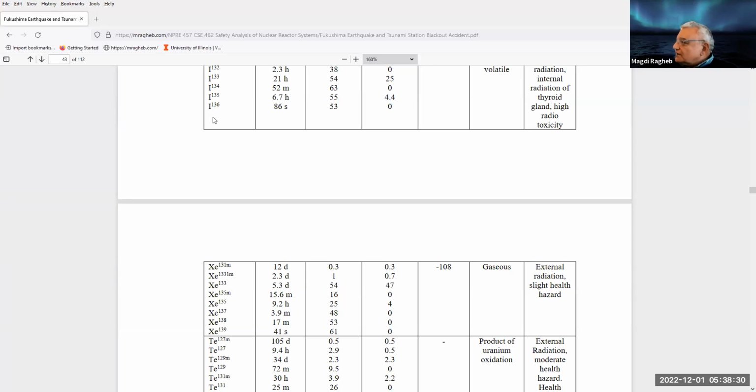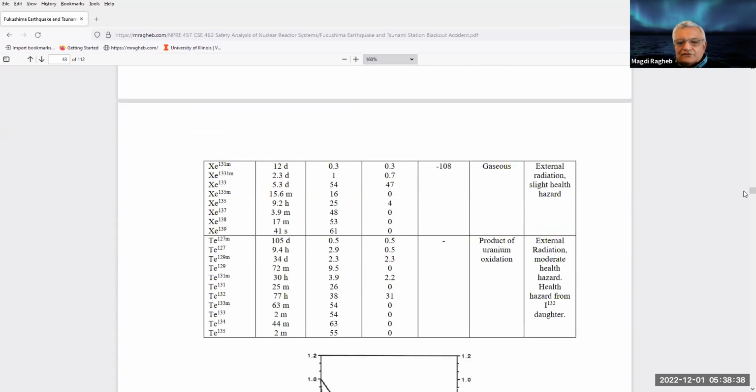And we know that iodine is a seeker of our thyroid gland. So in that case, it concentrates in the thyroid. And in fact, an interesting aspect of safety in the case of a reactor accident is to distribute potassium iodide pills. The suggestion here is that the iodide goes to the thyroid gland in our neck.